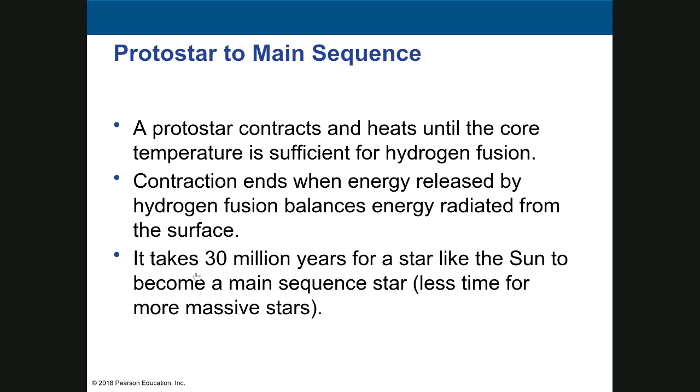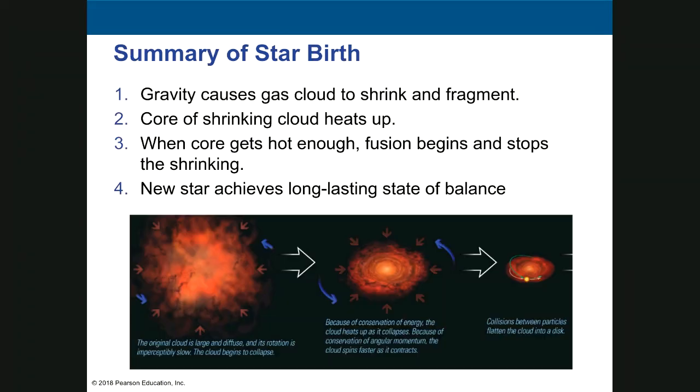So it takes about 30 million years for a star like the Sun to become a main sequence star. Less time for more massive stars, okay? So some good protostar facts. And again, for star birth, we sort of saw the summary of those gas clouds. I'll let you look at it and assume you can read it when we go through.